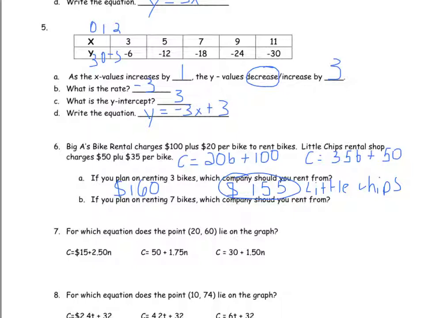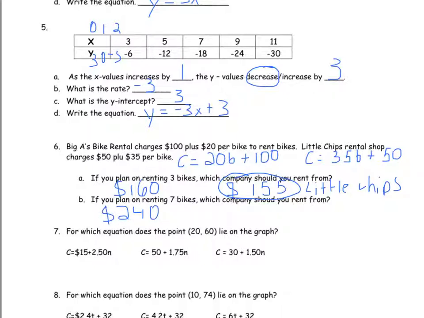Okay, so if you plan on renting 7 bicycles, which company should you rent from? Okay, let's plug it in. So 7 times 20 is going to be 140, plus the 100 is going to be 240. Okay.